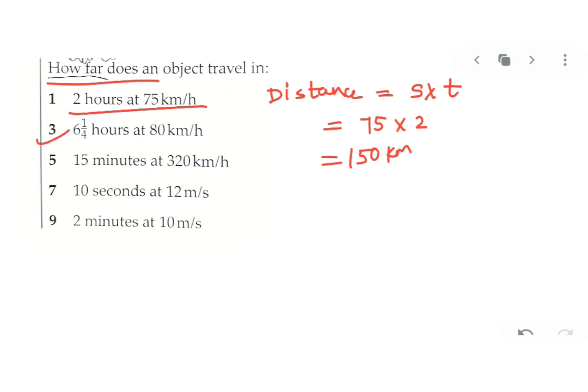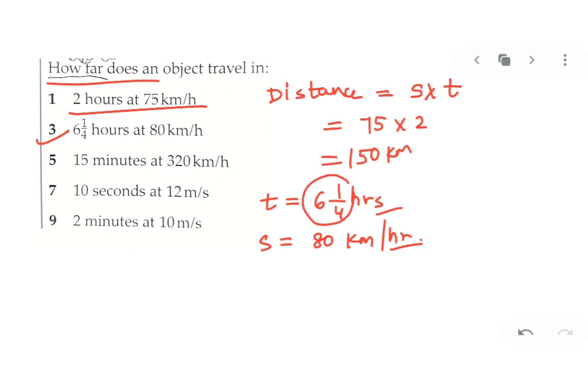Let's take problem number 3, which says your time is given as 6 1/4 hours and your speed is given as 80 kilometer per hour. So there's no need of conversion of units, both are in hours and we will get the distance in kilometer. But first, this mixed fraction should be converted into improper fraction. Let's see how. 6 1/4.